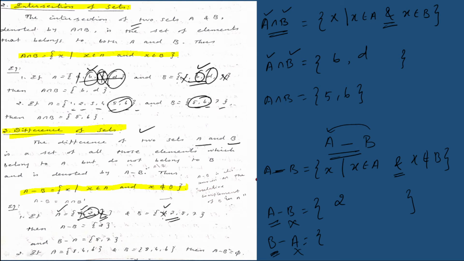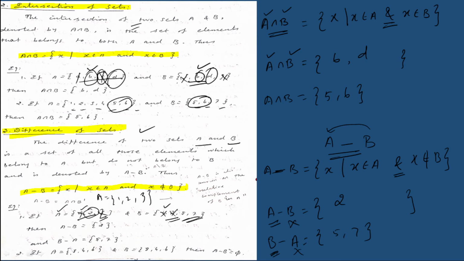Look here, 1 is an element of A, so leave this. 3 is also an element of A, so leave this. Next, 5 and 7. You can write 5, 7 because they are not elements of A, because A consists of only the elements 1, 2 and 3. So only 5 and 7 belong to B alone. So B minus A consists of only the elements 5 and 7.